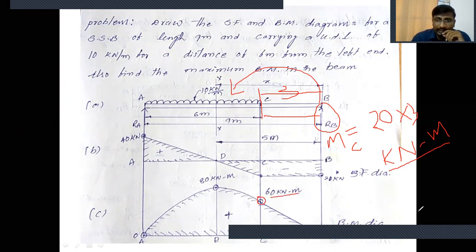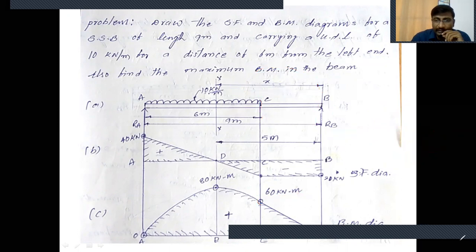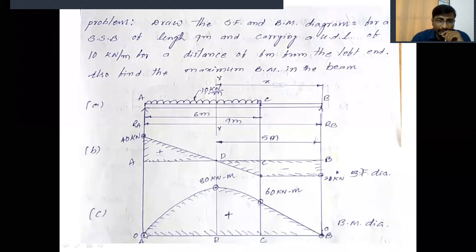Clear, students? Like this, you have to find the bending moment values at different points A, B, and C. Then the bending moment at an extra point, that is, at zero shear force. How to find the zero shear force point D, at what distance from the right support is the shear force zero?